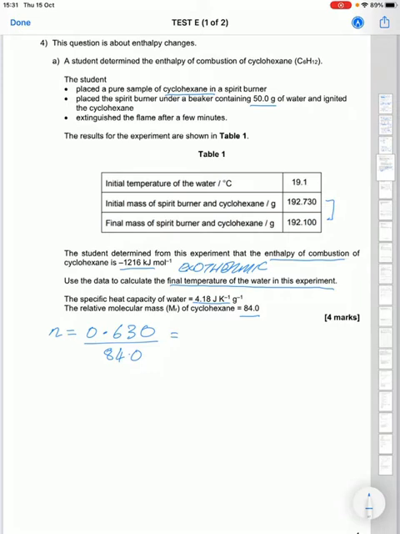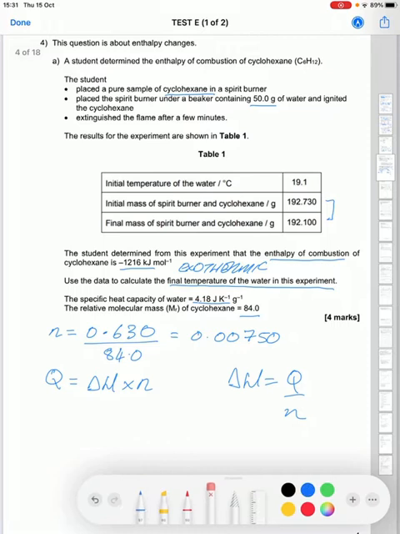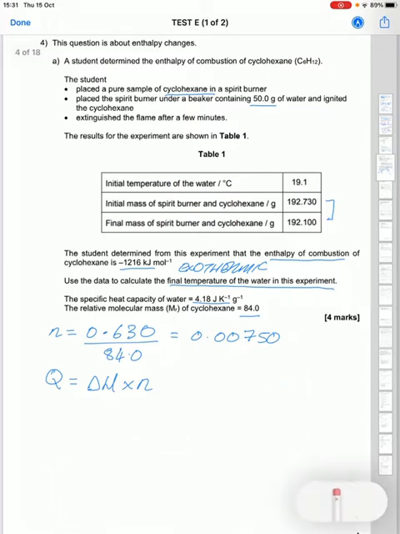And that gives us 0.0075 moles. I need to work out the quantity of heat energy. Now, if you remember, delta H is Q over n. So Q is going to be delta H multiplied by the number of moles. And I've got delta H in the question, which is 1216.